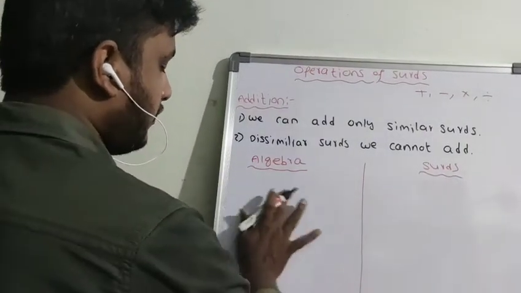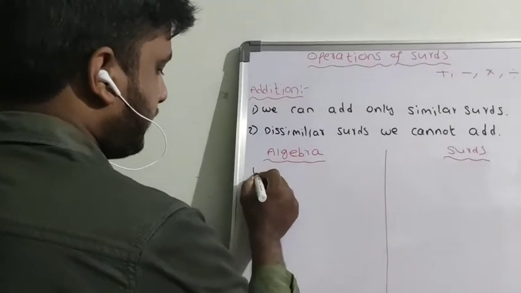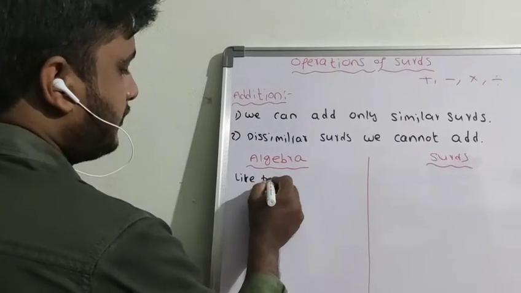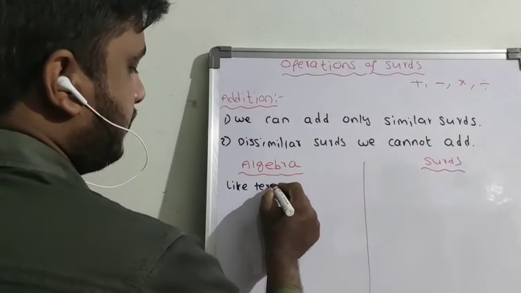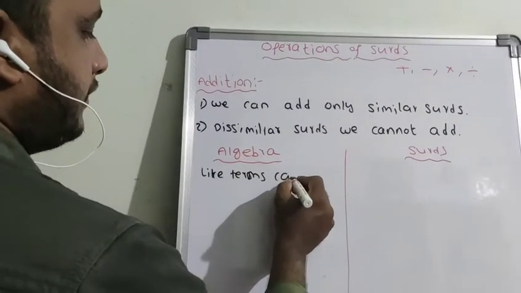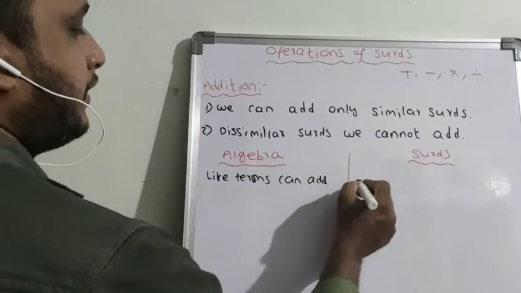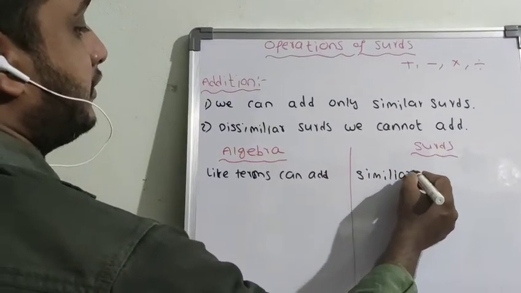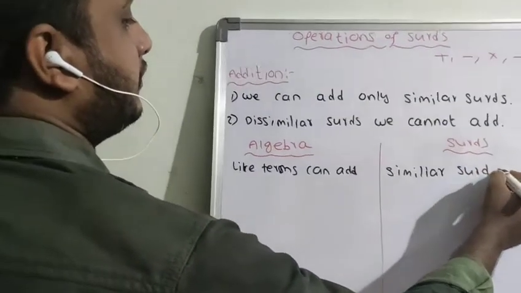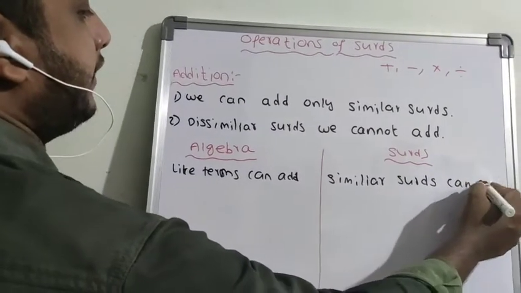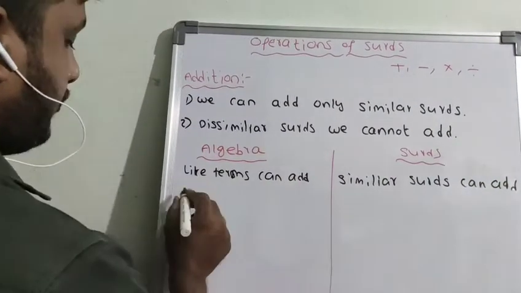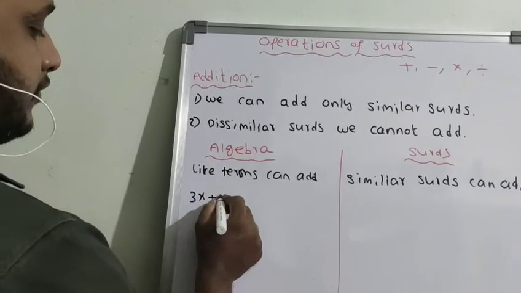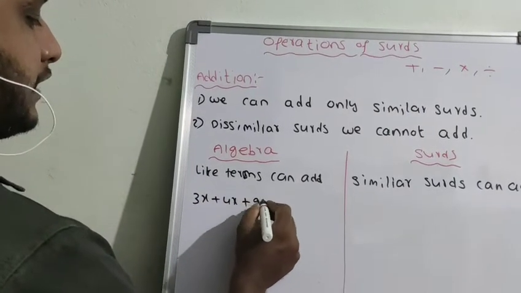Here, only similar surds can be added. For example, 3x plus 4x plus 9x.